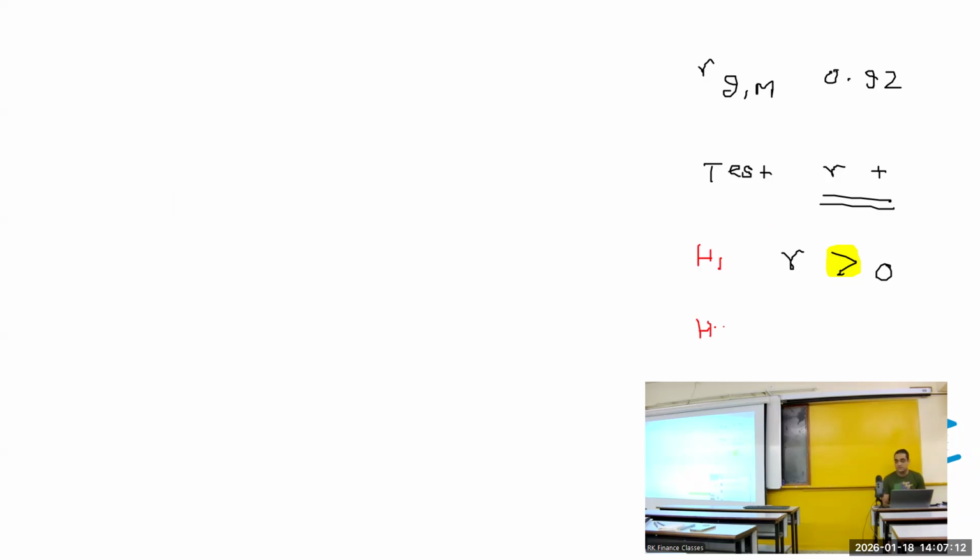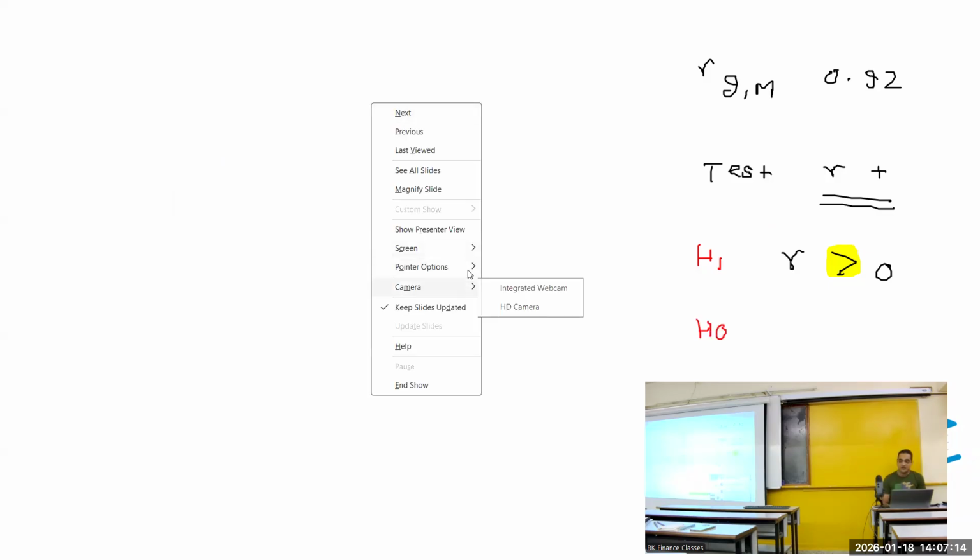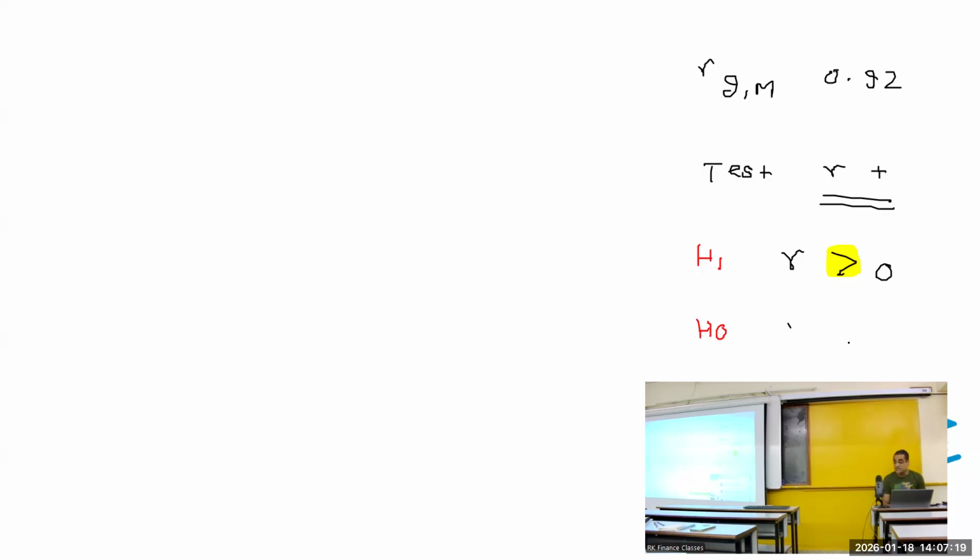And H0 would be the opposite of that, the opposite of R greater than 0, which is R less than or equal to 0. This is step 1. Identify a greater than sign, less than sign, or not equal to sign. Wherever it is, you write it as H1, and the opposite, the opposite of greater than 0 being less than or equal to 0, will be H0.